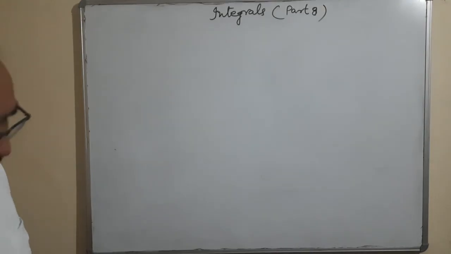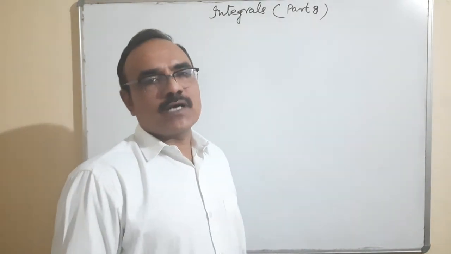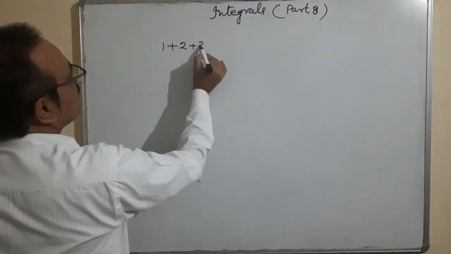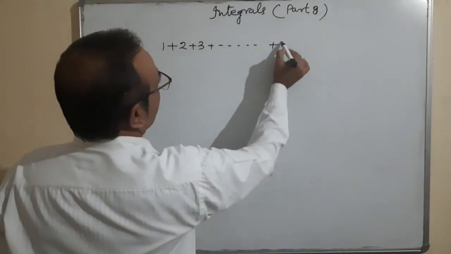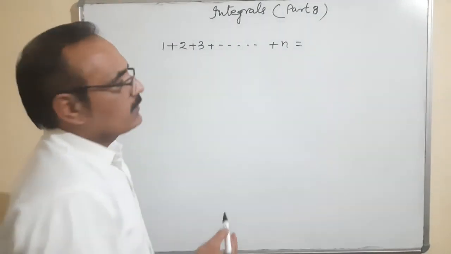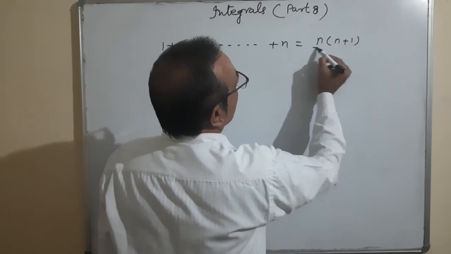So number 1, sum of n terms of natural numbers, like 1 plus 2 plus 3 plus dash dash plus n. The formula, the sum of n terms of an AP, is n into n plus 1 by 2.